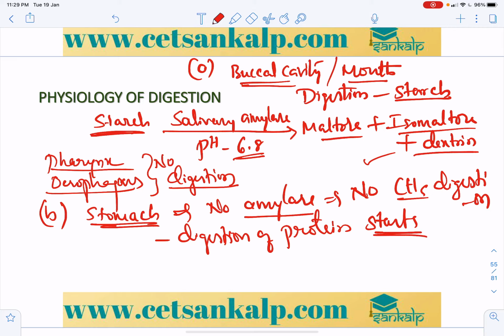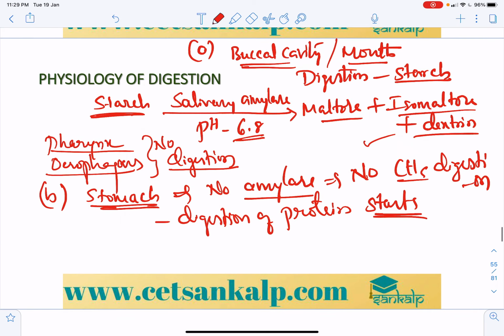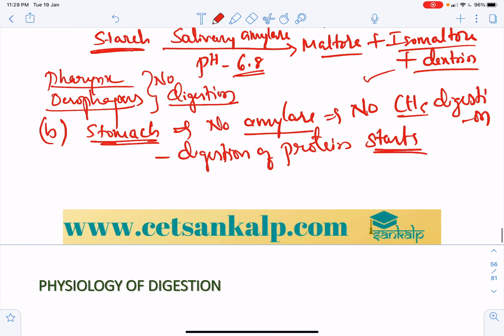With the help of gastric glands, the gastric juice, which has proteases, acts on the proteins. Here the carbohydrates won't get digested, and the food keeps on moving into the next part, that is the duodenum. This is very important, where carbohydrate digestion takes place.